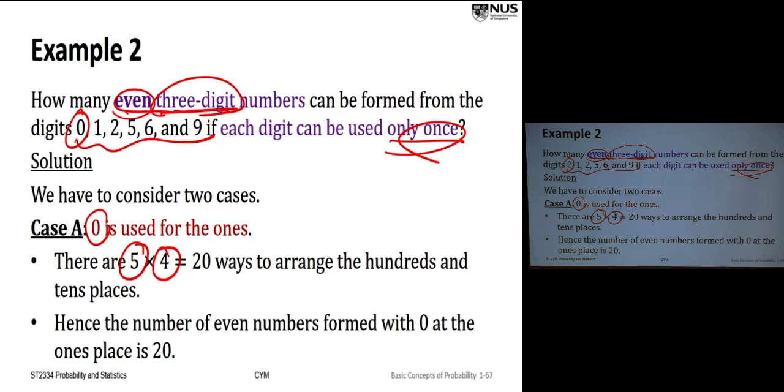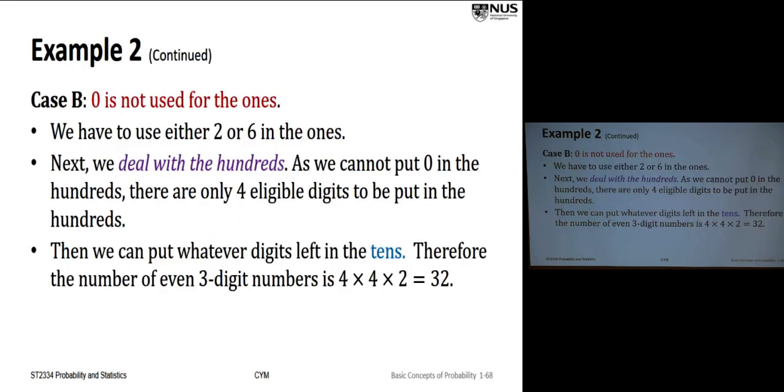Okay, so now, if the 0 is not in the ones place, remember now you have a 0 there. You don't put a 0 in the ones place, and we need an even number.